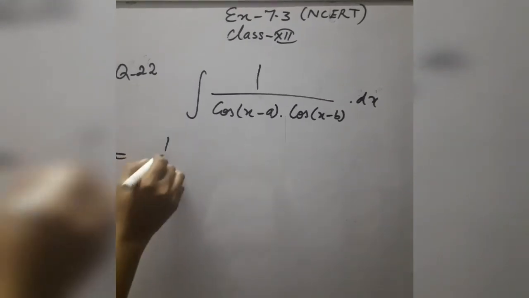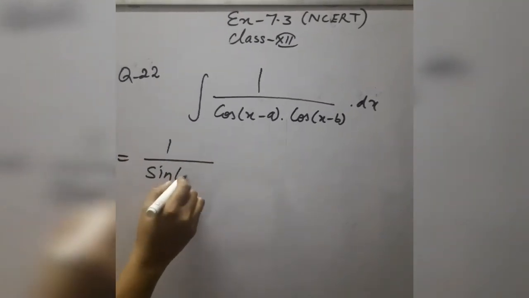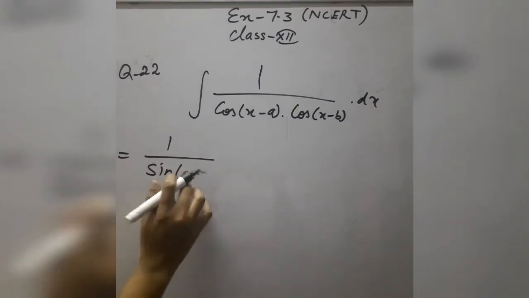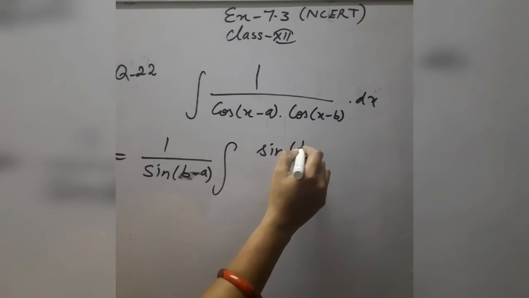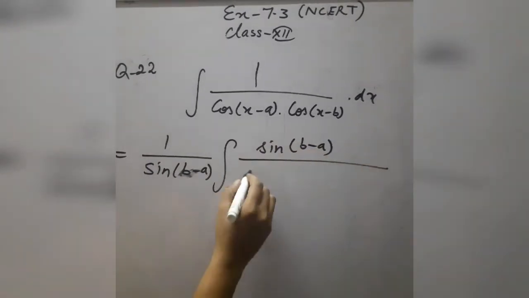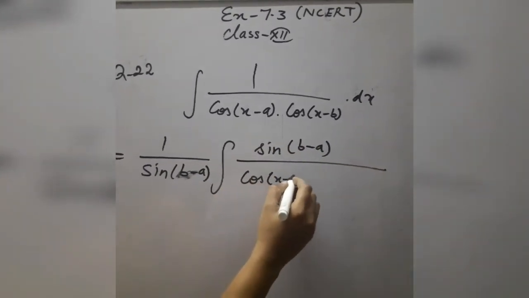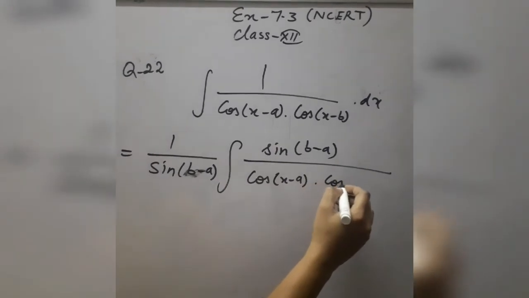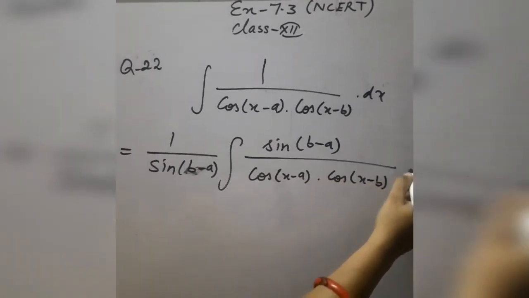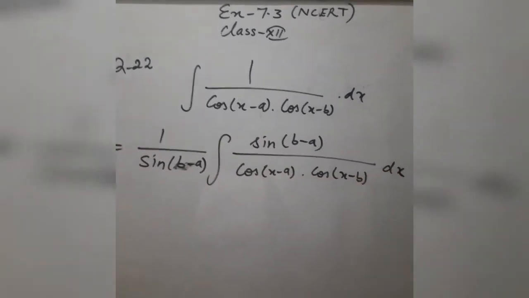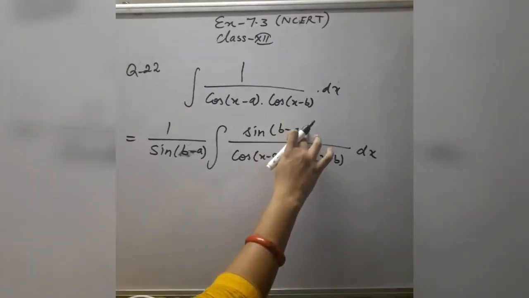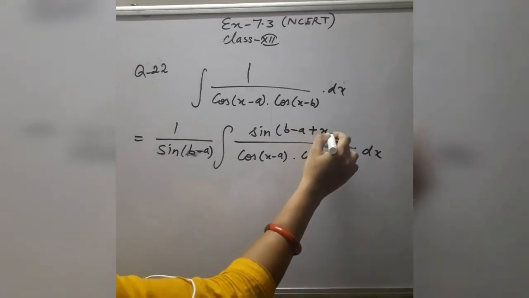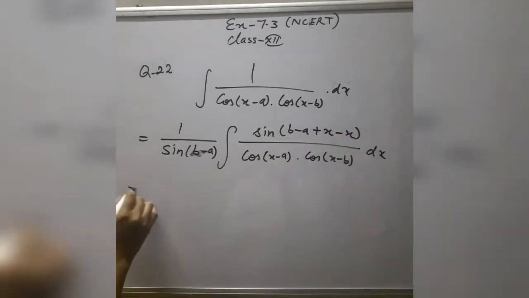In this sum you will multiply and divide by sine b minus a. This is a constant term, and in the denominator cos x minus a into cos x minus b. Now in this sine b minus a, you will add and subtract x, plus x and minus x.